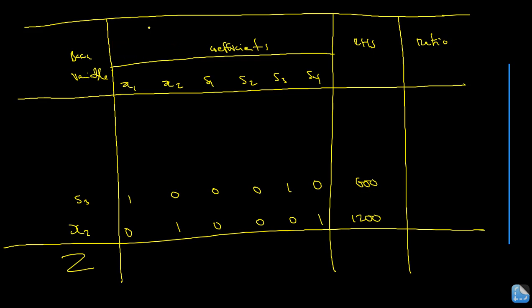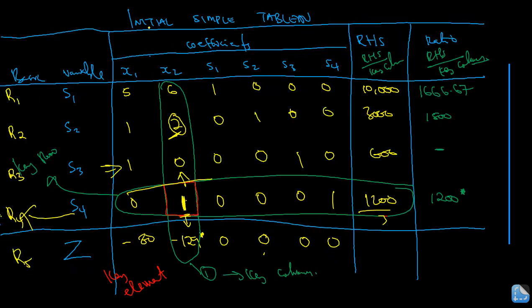So what I'm saying is we need to make all the values above and below our key element to be zeros. Now for the first one, this value, the 2, we need to make sure that 2 becomes a 0. So how do we make 2 become a 0 here?